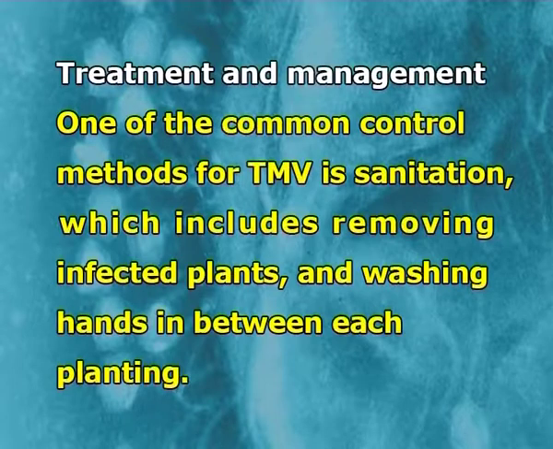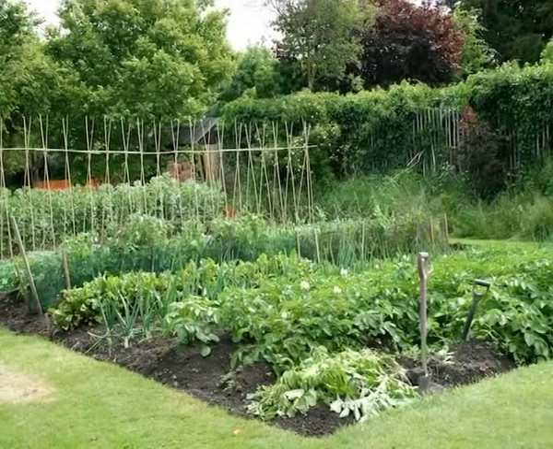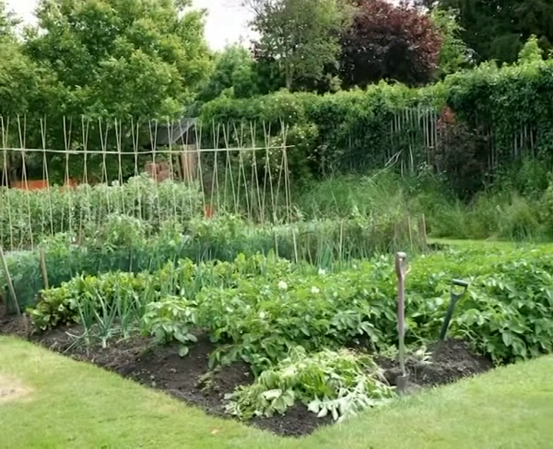Finally, how do we follow the treatment and management practices? One of the common control methods of TMV is sanitation, which includes removing infected plants and washing hands in between each planting. Crop rotation should also be employed to avoid infected soil or seed beds for at least 2 years.